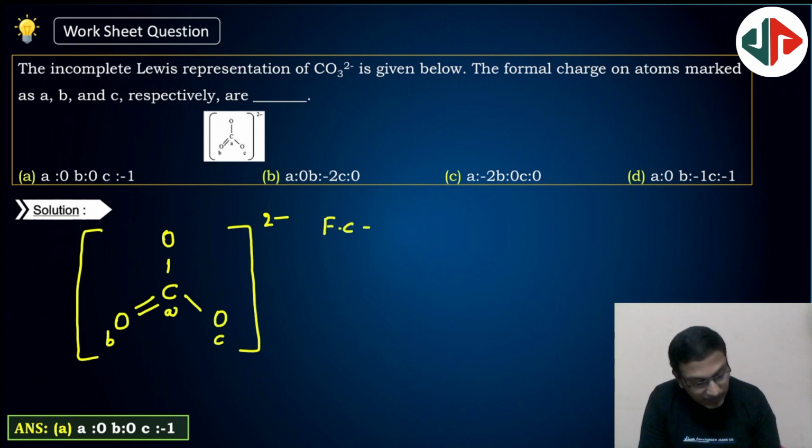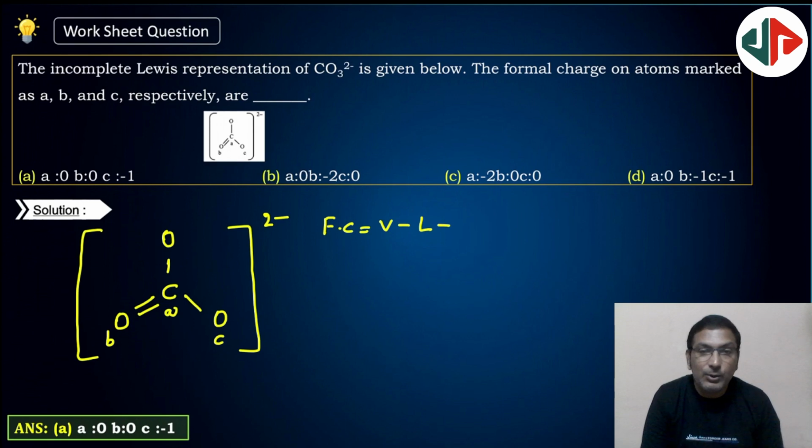Formal charge formula: number of valence electrons in free atom minus number of electrons in lone pairs minus half into number of bonding electrons or shared electrons. So here we can calculate formal charge of carbon.